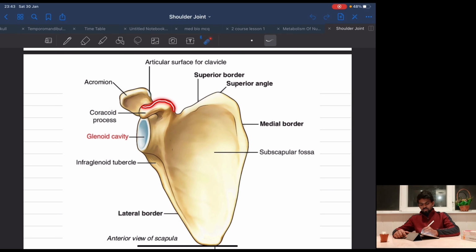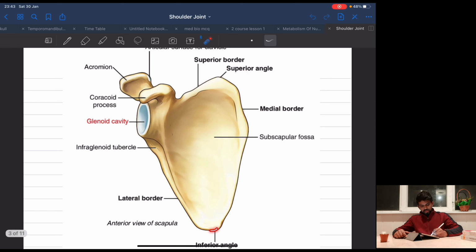The scapula has a superior border, medial border, and lastly the lateral border. Now the angles of the scapula. It has a superior angle, inferior angle, and lateral angle.